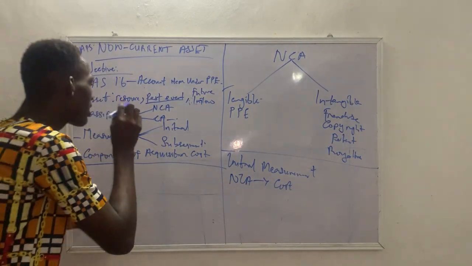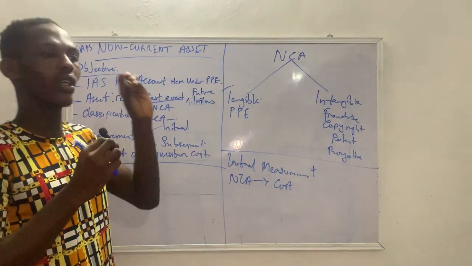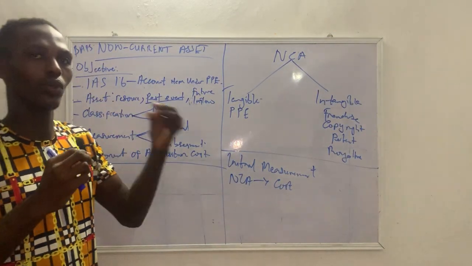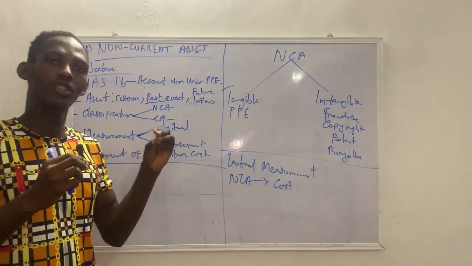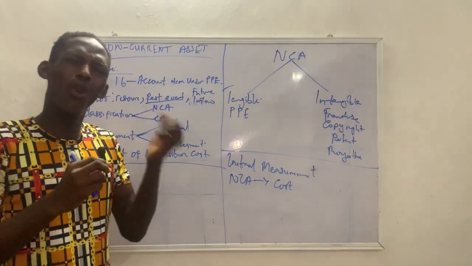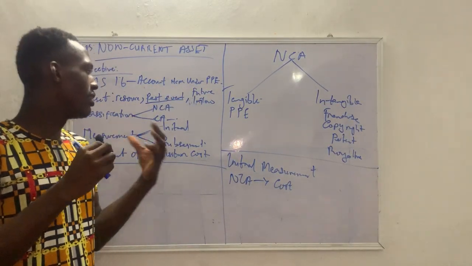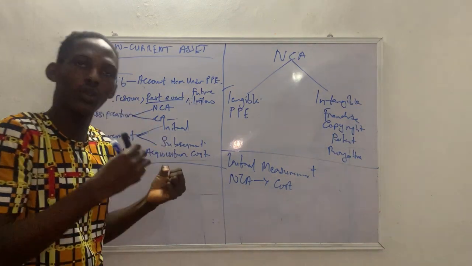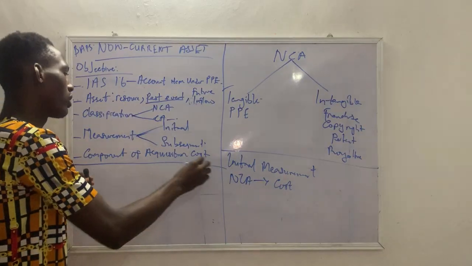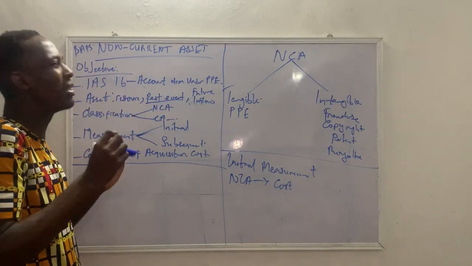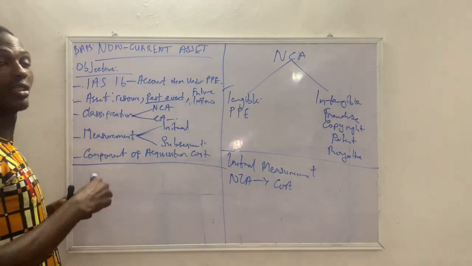Now, what is the cost that we're talking about? The cost is the cash, let's call it the purchase price or the purchase consideration, and cash and cash equivalent, or other considerations such as the fair values that are involved in the acquisition of the asset. You understand? So this acquisition cost is what I'm going to lay down in the basic form based on basic accounting process for level 1, for ATS 1.